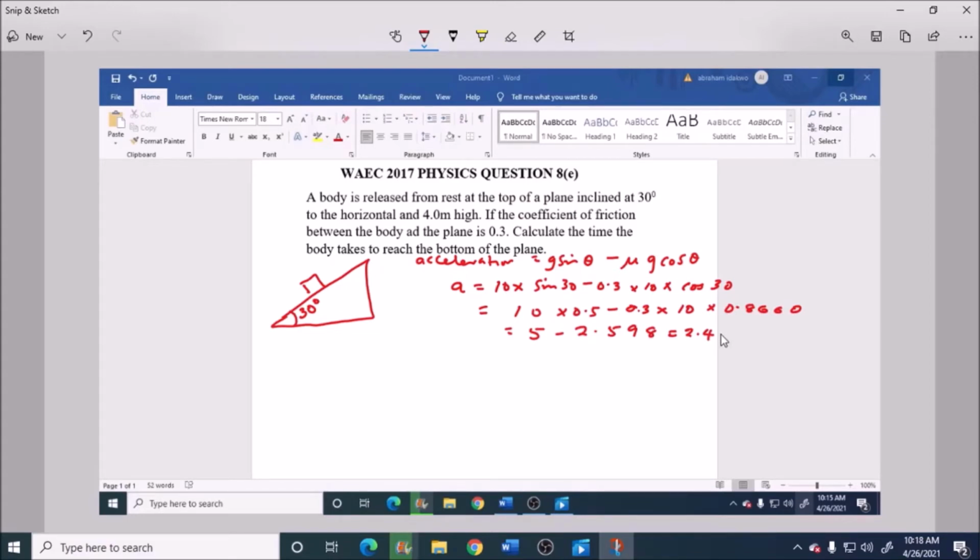Alright, so let's look for the distance covered. The distance covered is equal to, from the plane, 4 over sine theta, which is 4 over sine 30, which is equal to 8 meters.